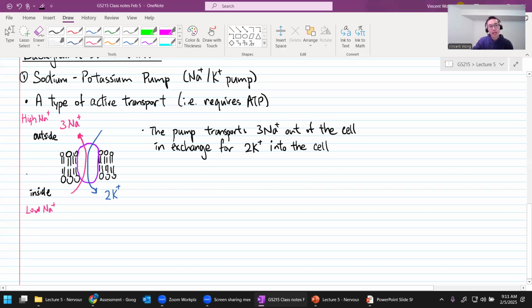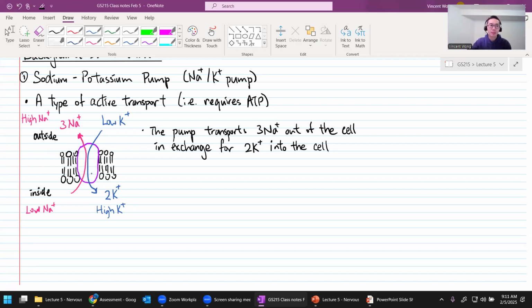That's why you need ATP to keep this going, because you are going against the concentration gradient. Similarly, if you keep on bringing potassium in, you will have low potassium outside and high potassium inside. Once again, you're going against the concentration gradient.